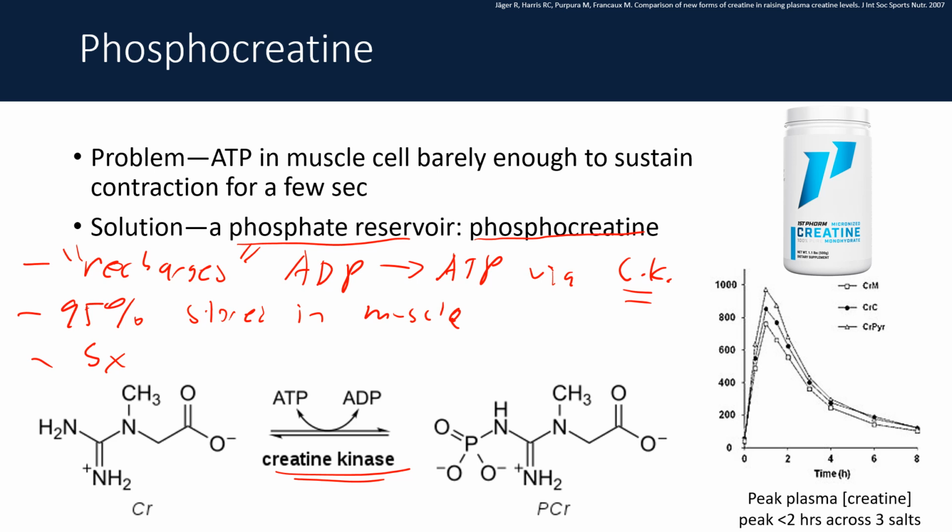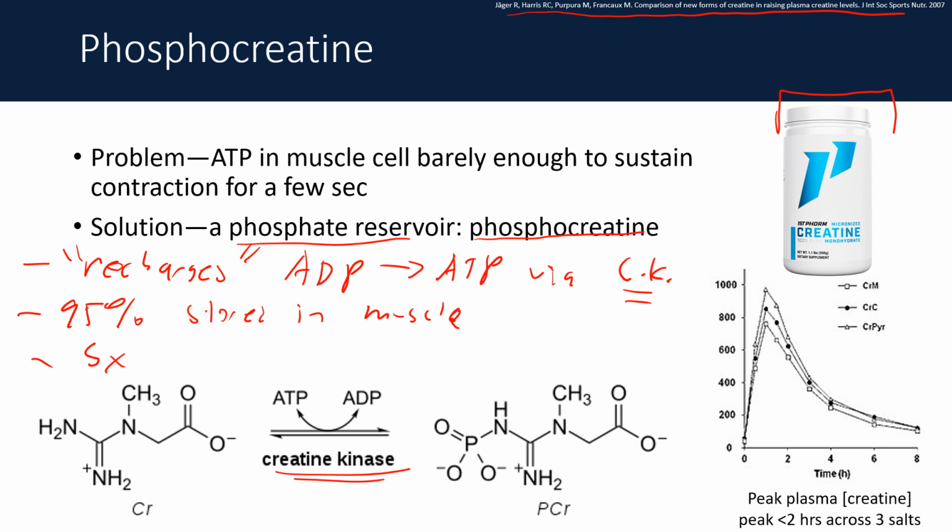So that's pretty useful. And on a practical note, if you wish to employ this knowledge to further your own gains in the gym, I came across this paper over here, which did a study of peak plasma creatine concentration after a megadose via a supplement, such as the one shown over here.